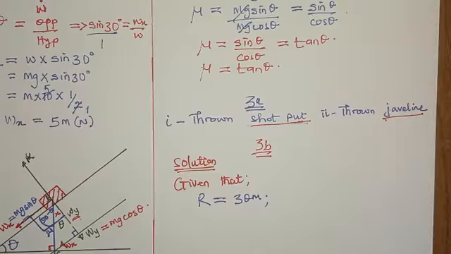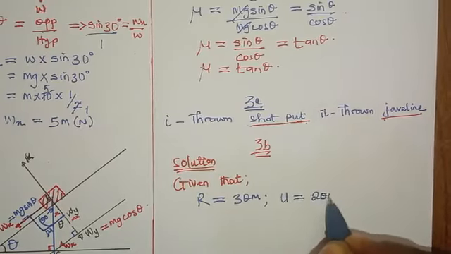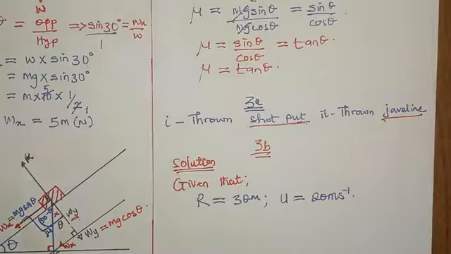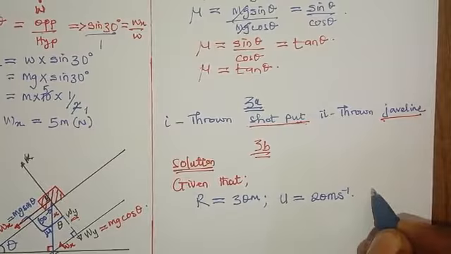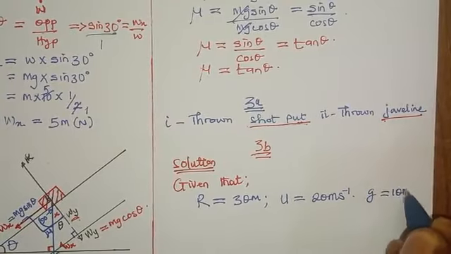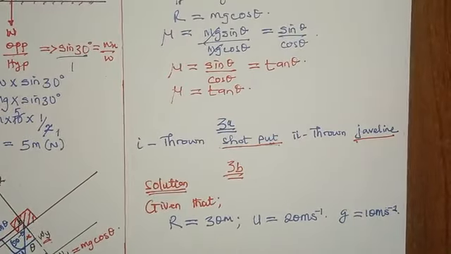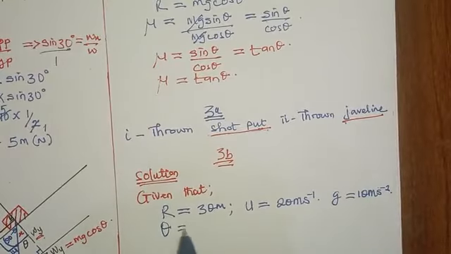And what else? The speed, that is u, is said to be 20 meters per second. Then we have to calculate the angle. Is that clear? Given that g is equal to 10 meters per second squared. Good. So if that is the case, we are looking for the angle theta.